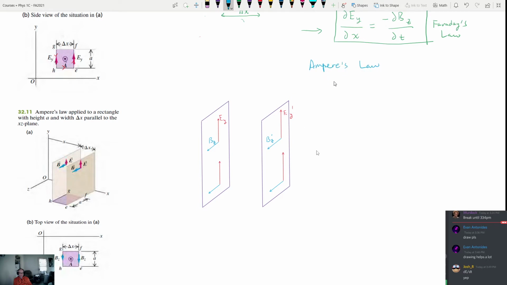And Ampere's law states that if we do the integral of B dot dl, this should be equal to mu naught epsilon naught times the time rate of change of the electric flux.